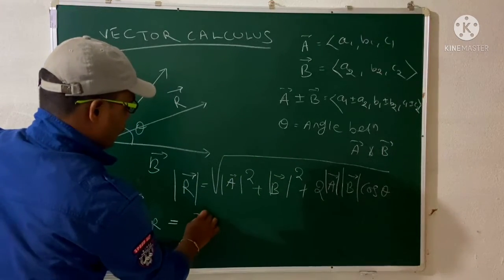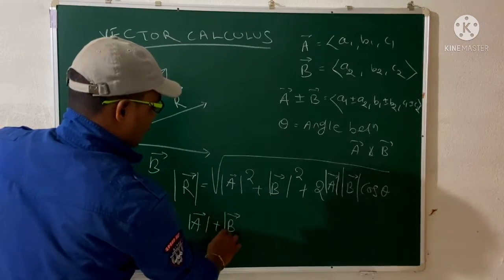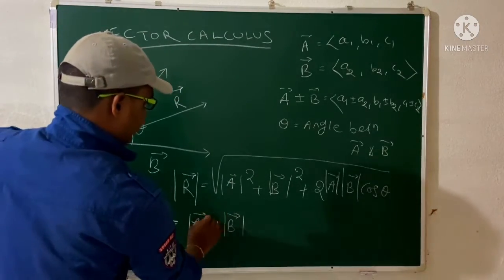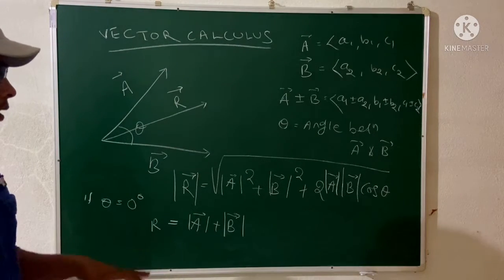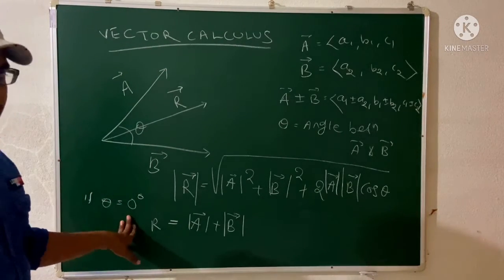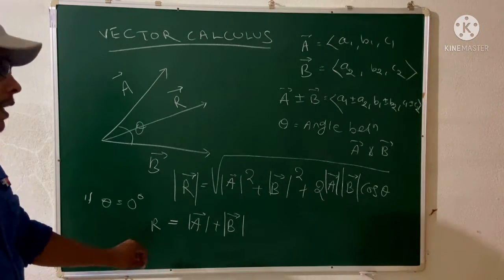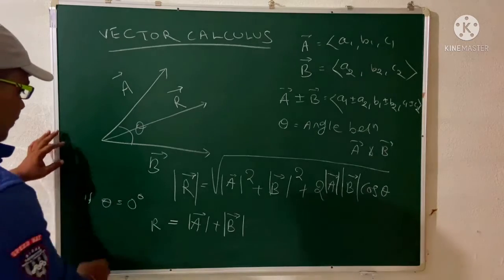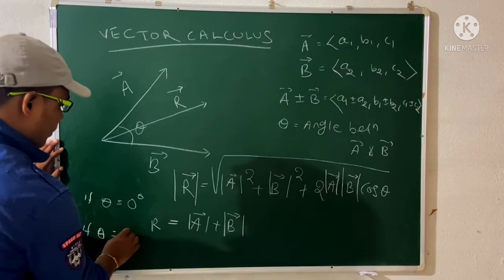That gives the a vector magnitude plus the b vector magnitude. So if theta is 0 degrees, the resultant vector magnitude will be added.